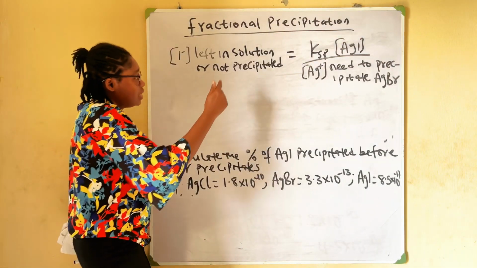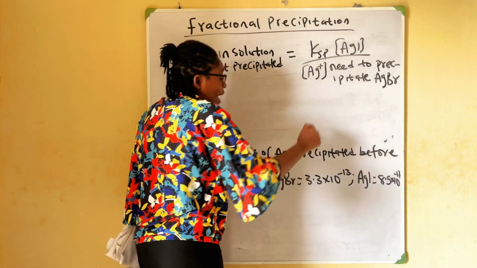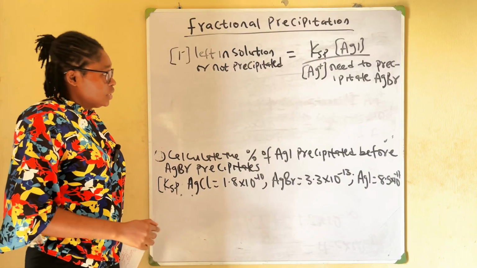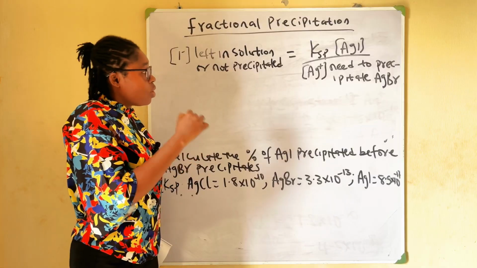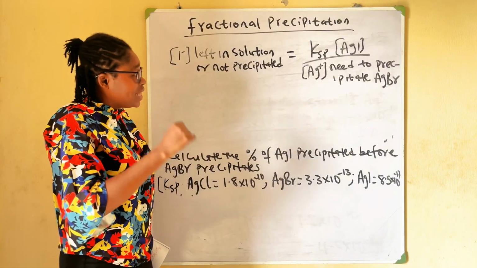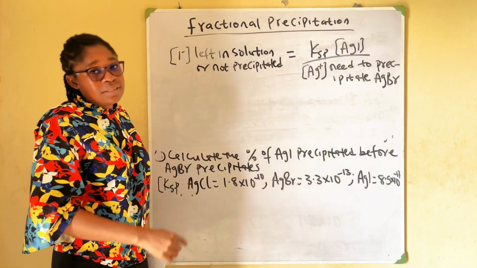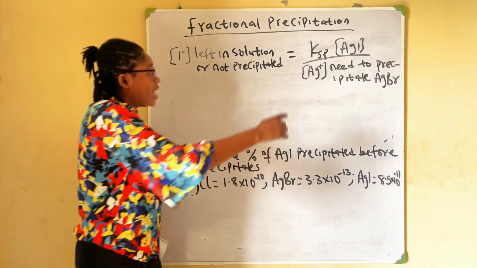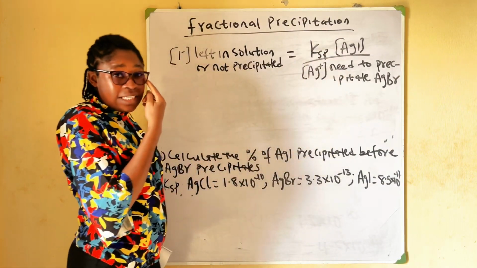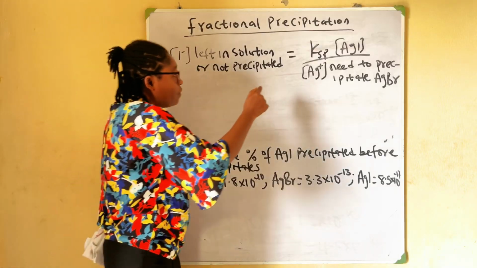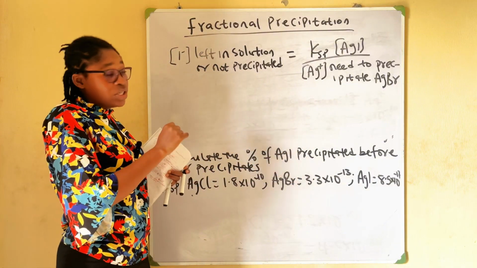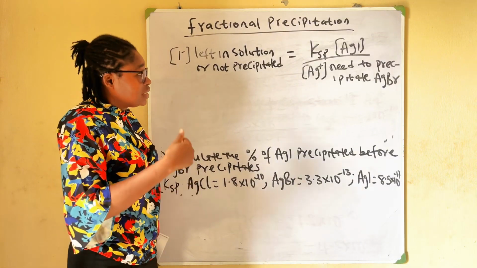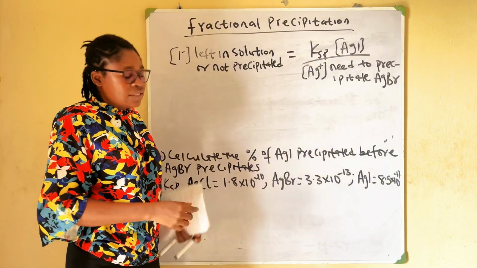So the formula is Ksp value of silver iodide all over the silver ion concentration required to precipitate silver bromide. So this is the Ksp value for AgI, then all over the silver ion concentration we first calculated, needed to precipitate silver bromide.